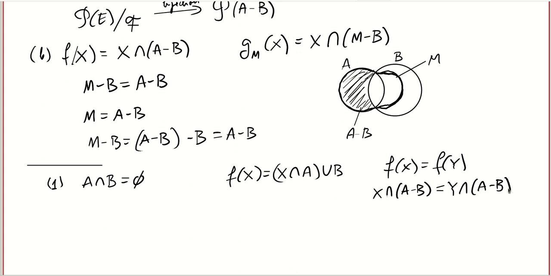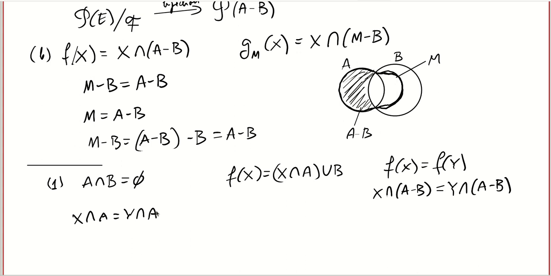All right. Now suppose that A intersection with B is empty, right? So there are no elements in A that belong to B. So A minus B is just A. So what we have here is x intersection A is equal to y intersection A. And B becomes completely irrelevant in this equality.